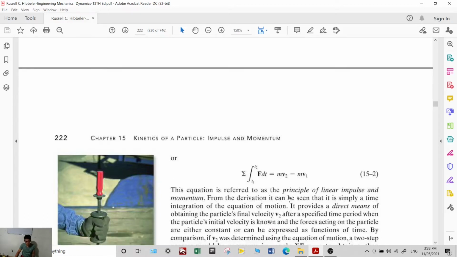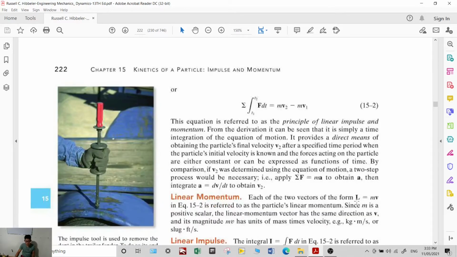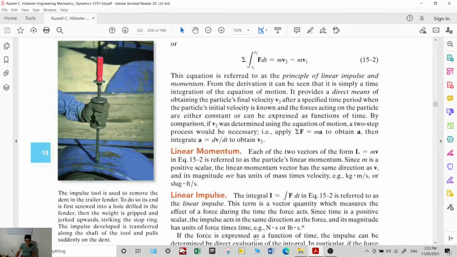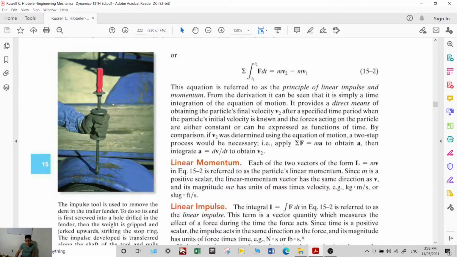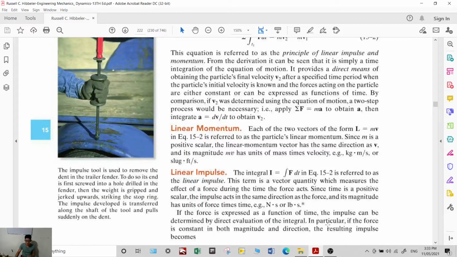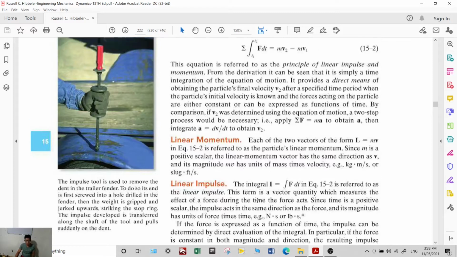And this is denoted by the symbol L. Now, this term, the summation of force times time, is equivalent to the impulse, the linear impulse. Okay? So this measures the effect of a force during the time the force acts on the particle.